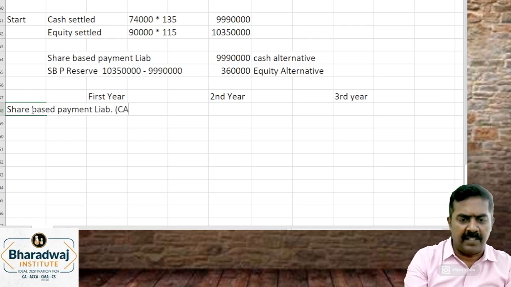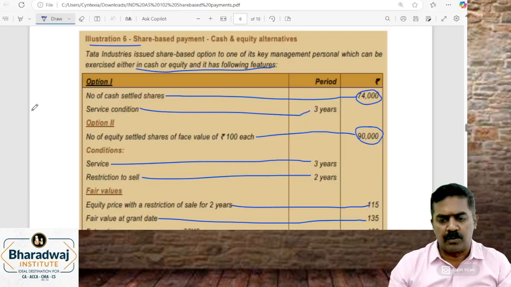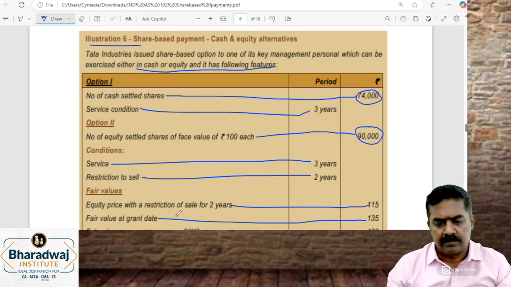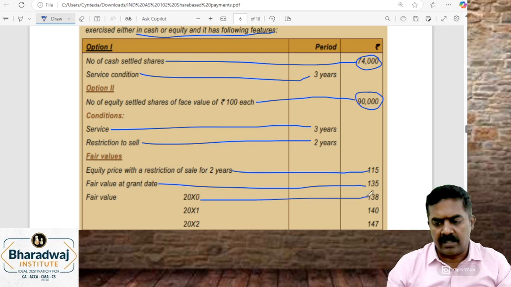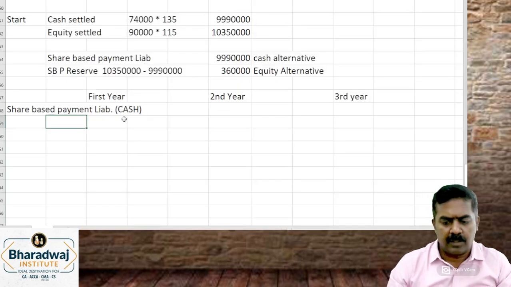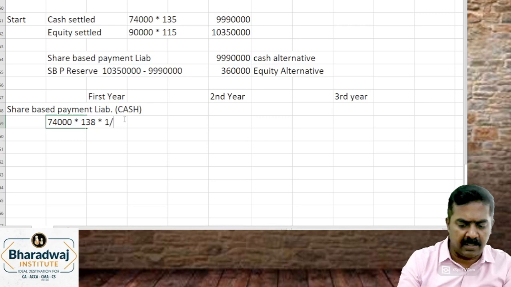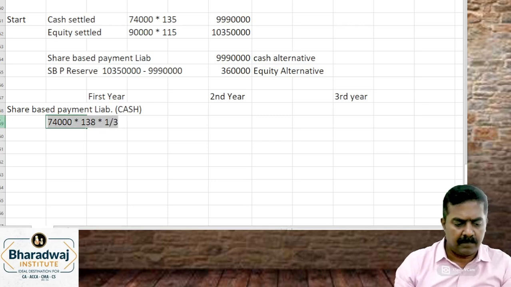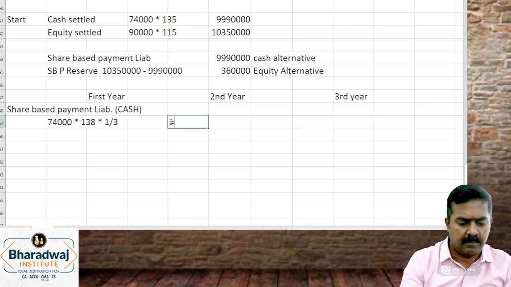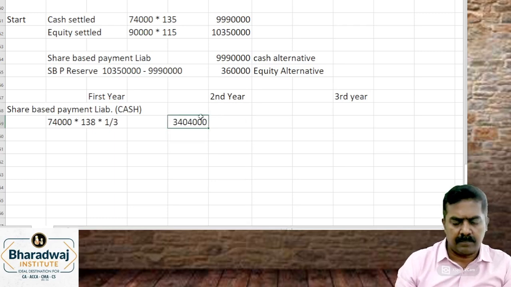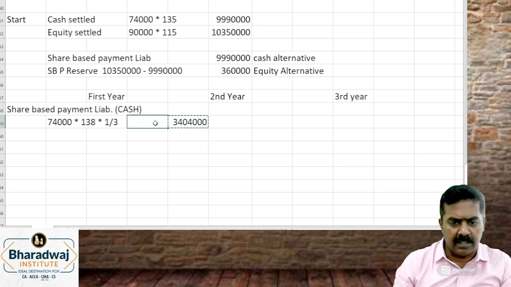Share-based payment liability, cash option. Cumulative amount for the first year: 138, so 74,000 into 138 into 1 by 3. This is the current year expense also.